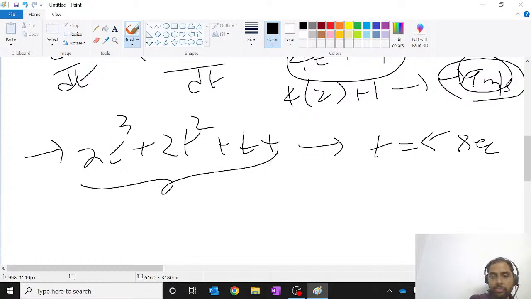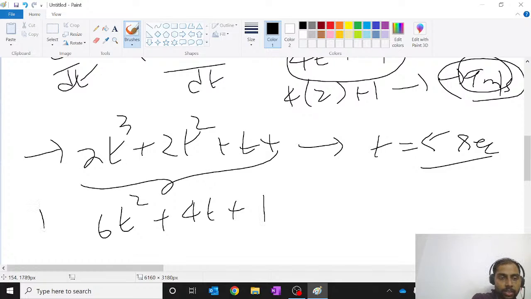all I have to do is differentiate this, because I am asking for the instantaneous velocity at a particular instant, at 5 seconds. The differential, ds by dt, is 6t square plus 4t plus 1.